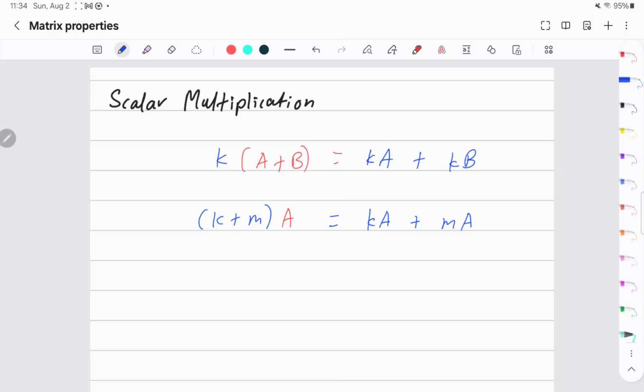If A is afterwards, it comes afterwards. If A is before, it comes before. Though it's not important for addition, in multiplication order really matters. Also, you may have noticed I put capital letters for all the matrices, while small letters are used for variables, in other words, numbers. So this is another important property.